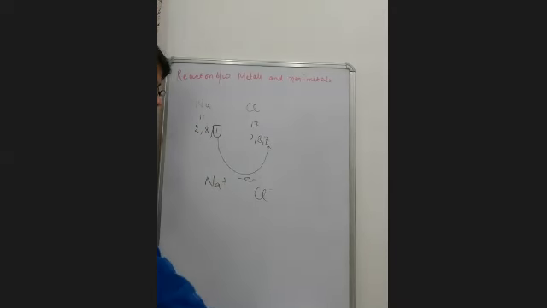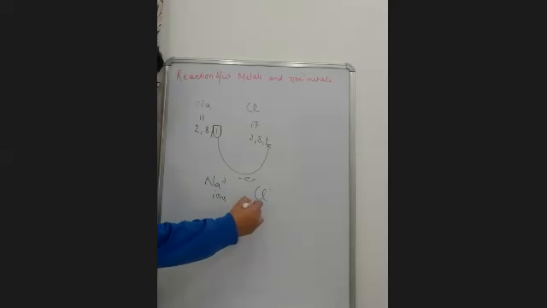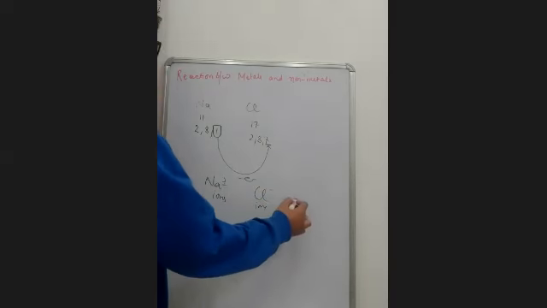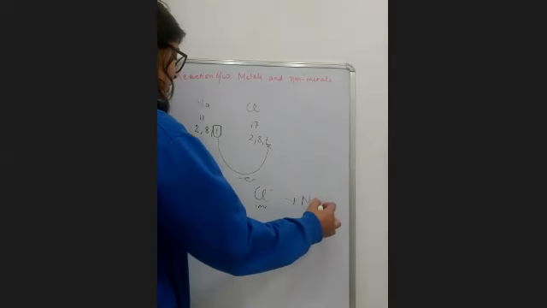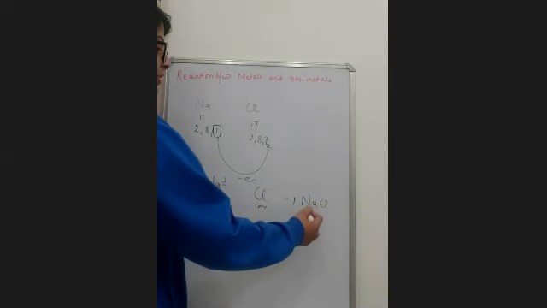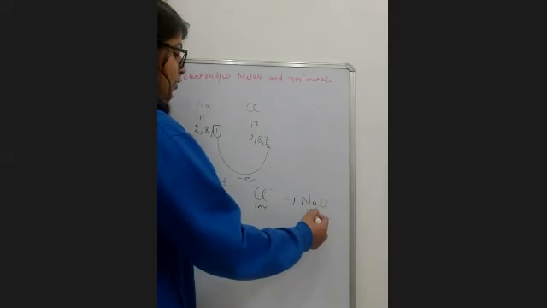Both become ions. This is a cation, this is an anion. Positive and negative charges attract each other. After attraction, they come close to each other, and there is formation of a bond between ions, known as ionic bond.